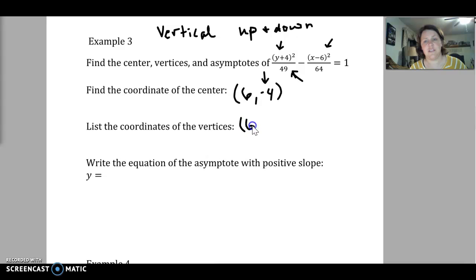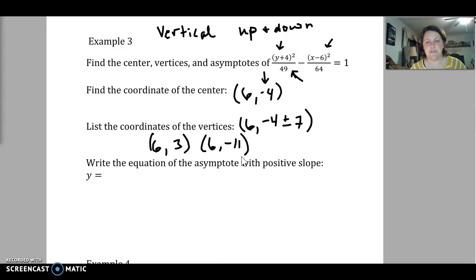So we have 6, negative 4 as the center. And then I'm going to add and subtract 7, which is a, to get my 2 vertices. So now I can see my vertices are negative 4 plus 7, which is 3, and the other point is negative 4 minus 7, which is negative 11. Okay, so those are our vertices.